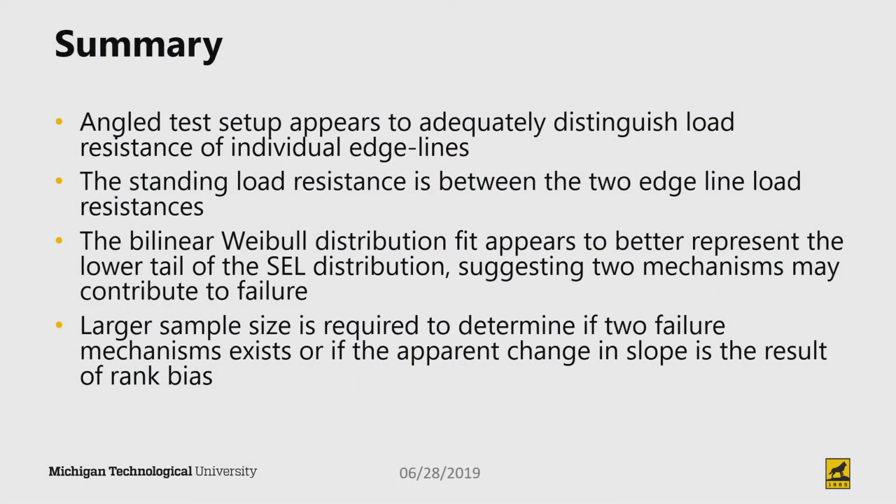First, the angle test does a nice job of distinguishing the different areas or components of the edge where we can have a failure, and so we can quantify those differences pretty nicely.